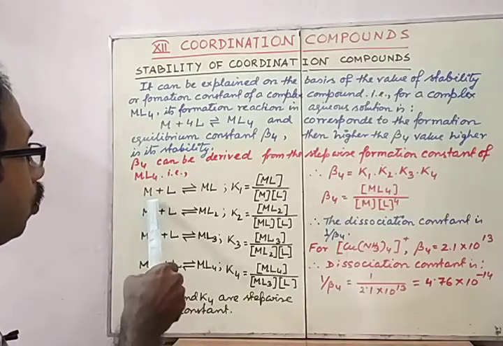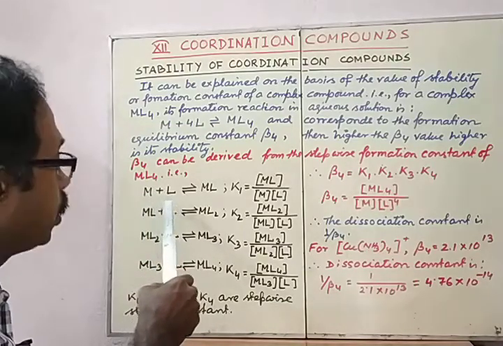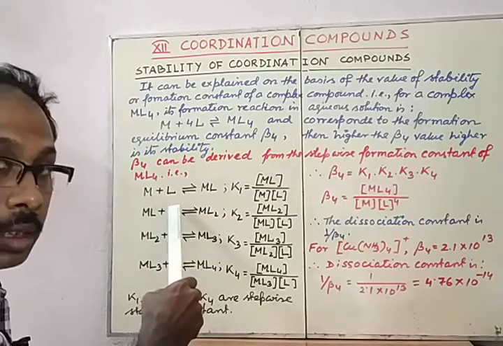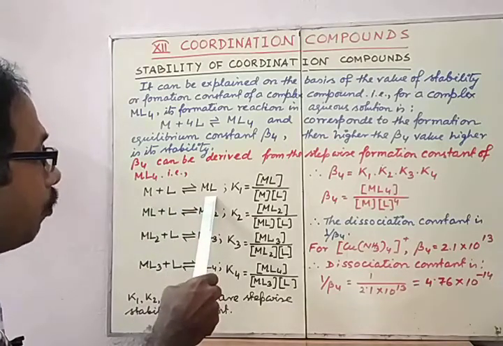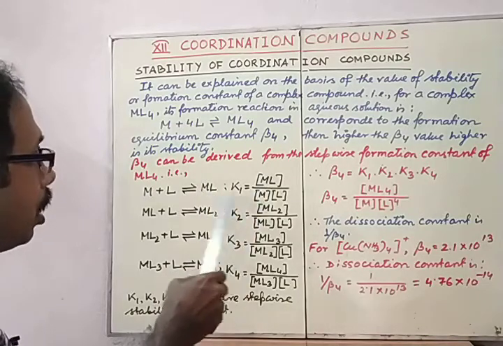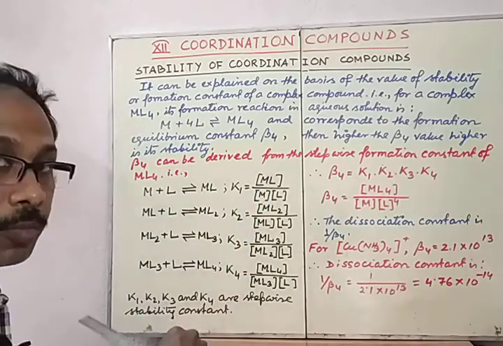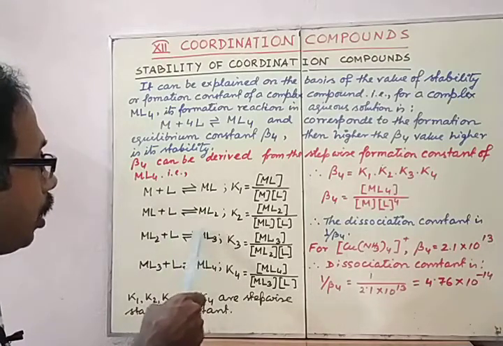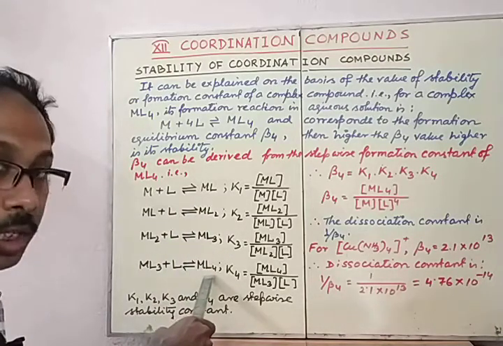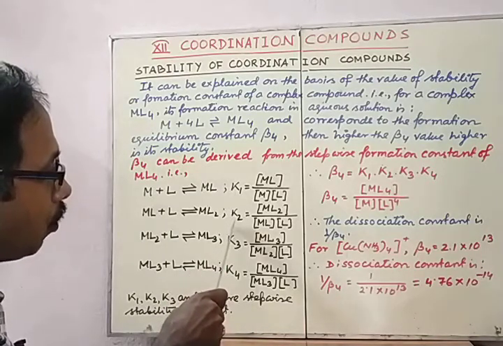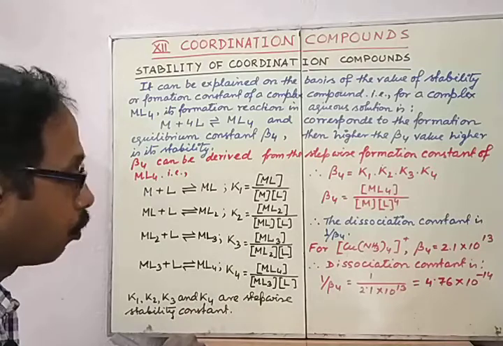If we follow the stepwise formation of the complex ML4, in the first step M and L in the aqueous solution form ML, for which the equilibrium constant is the concentration of the product divided by the concentration of the reactants. In this way, for the formation of ML2, ML3 and lastly ML4, we get the stability constants K1, K2, K3 and K4.